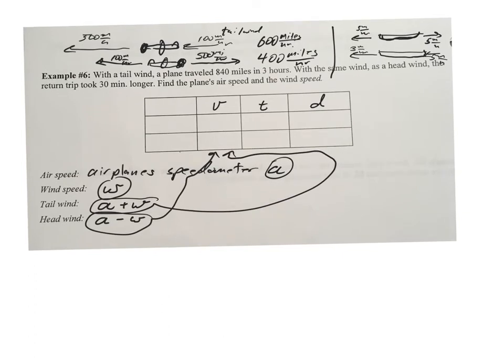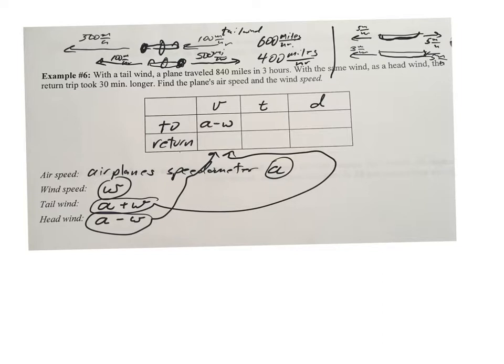We're going to go to the destination and then return. It's a round trip. Going to the destination, we have a headwind, and the headwind slows it down. That's A minus W.